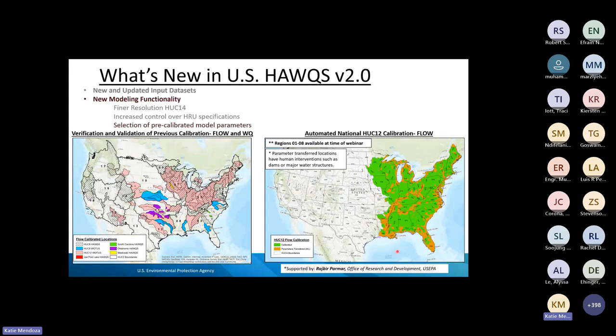And for regions that have strong human intervention or major dams or something obstructing the waterways, we're doing a machine learning parameter transfer to transfer the calibrated parameters into ungauged or human intervention subbasins to create a complete HAWQ-12 calibrated data set. Currently, regions 1 through 8 are available within the platform with complete HAWQ-12 calibration datasets.